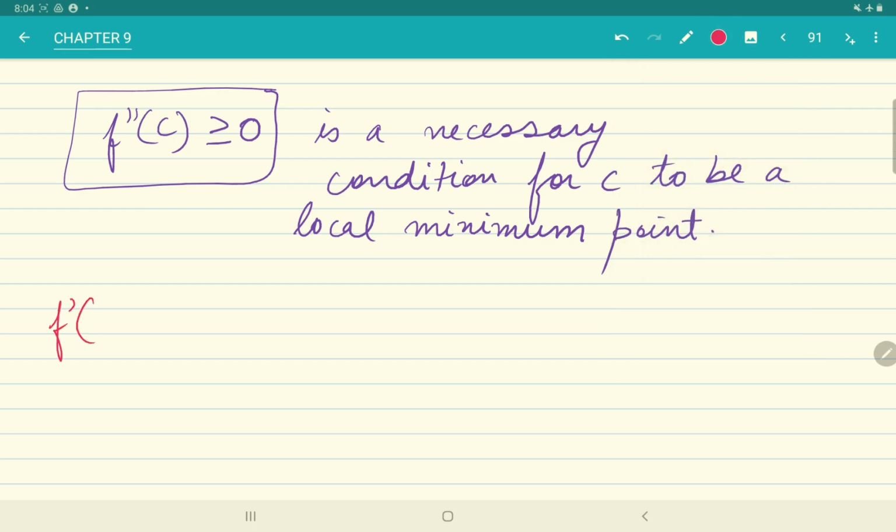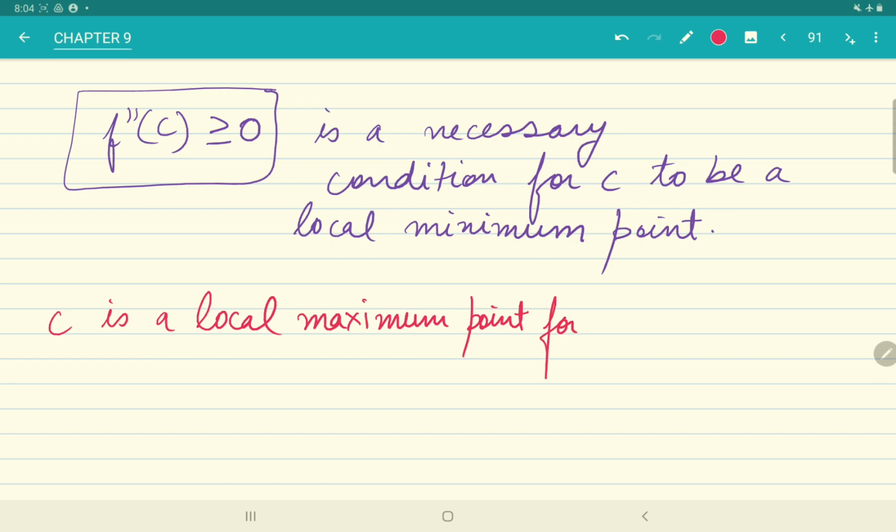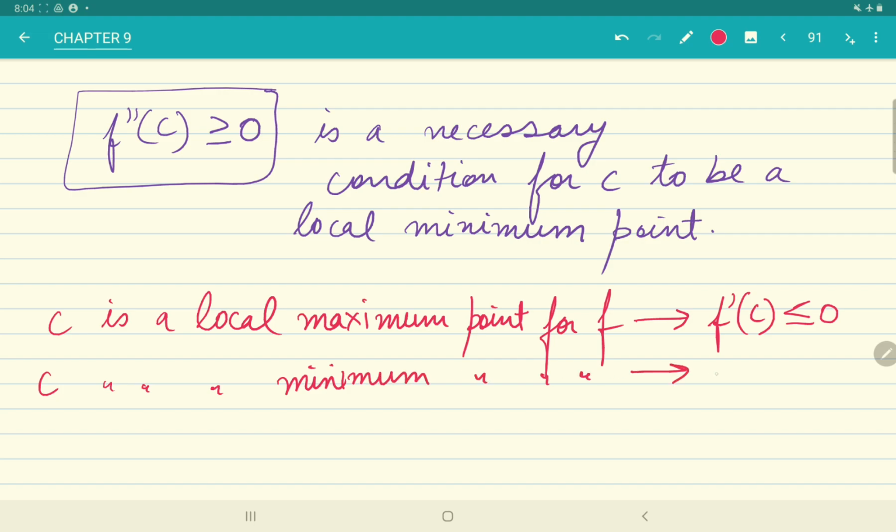If c is a local maximum point for f, this implies f double prime c less than or equal to 0. If c is a local minimum point for f, it implies f double prime c greater than or equal to 0.